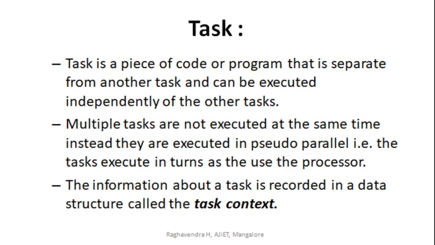Consider interrupts: if there are four interrupts, which interrupt has a higher priority? Depending on that, the operating system will decide which task to execute in case there are multiple tasks to be executed. The operating system maintains information about every task and information about the state of each task.